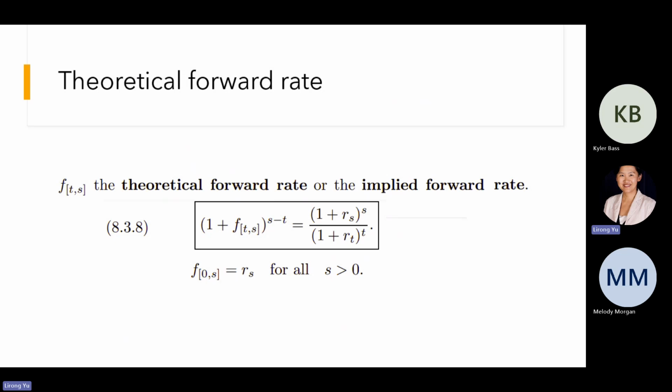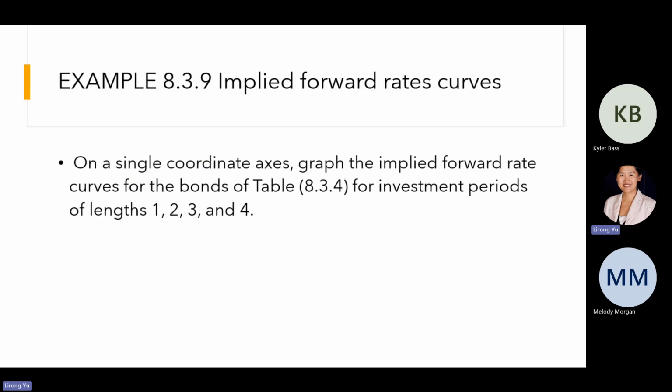Basically, it is your future investment from time S to time T. What's your expected interest rate for that time frame? So you can think of the forward rate as the spot rate in the future, predicting what happens in the future. That's the theoretical forward rate.